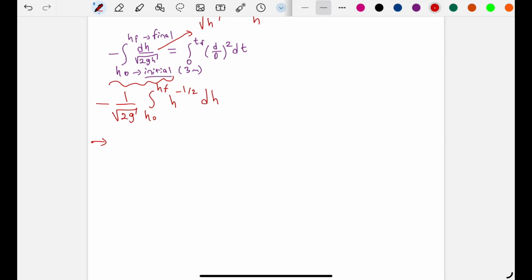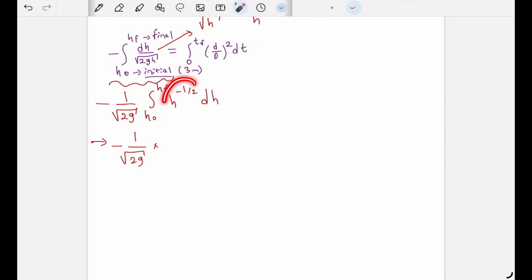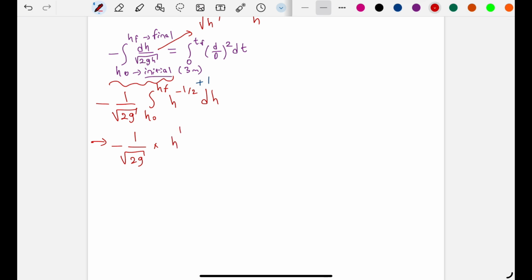And the integral of this section will be, after writing this, we have h to the power of minus 1 over 2, and we are increasing the power by 1, so that we will get h to the power of 1 over 2 over 1 over 2.